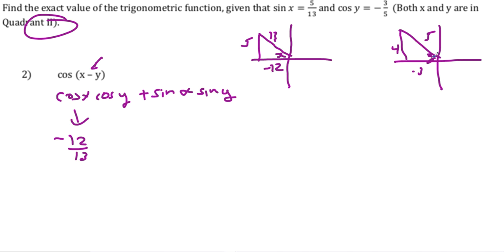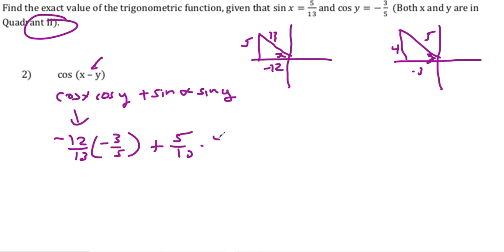Cosine y is adjacent over hypotenuse, so that's negative 3/5. We're going to add sine of x, opposite over hypotenuse, so that's 5/13, times sine of y, which is 4/5.